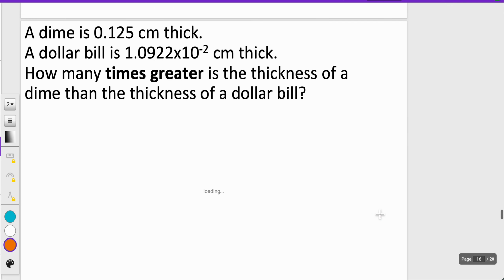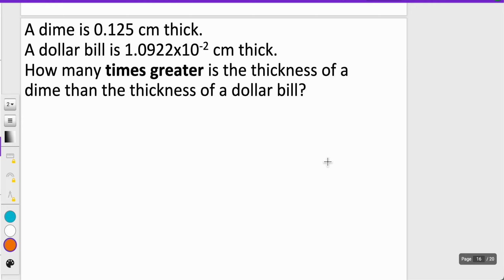Okay, our next one also talks about comparing. A dime is 0.125 centimeters thick, and a dollar bill is 1.0922 times 10 to the negative second centimeters thick. How many times greater is the thickness of a dime than a dollar bill? So again, dime divided by dollar.